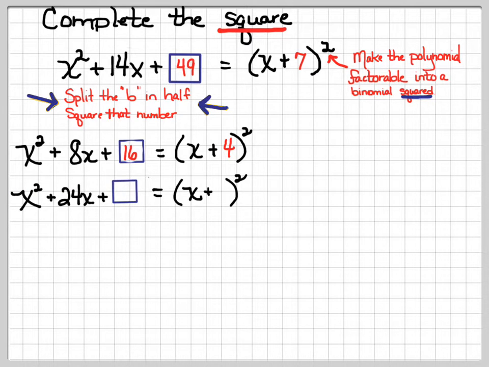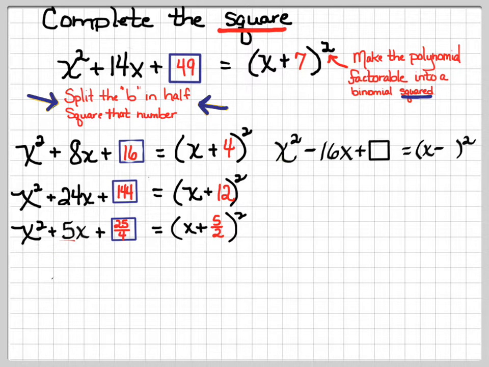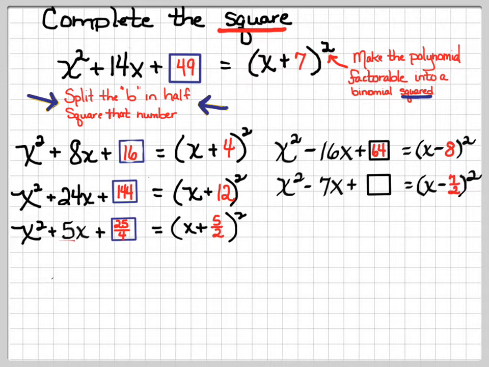Split b in half, and you get 12. Square 12, and you get 144. Split b in half, and you get 5 halves. Square 5 halves, and you get 25 fourths. Split negative 16 in half, and you get negative 8. Square negative 8, and you get positive 64. Split negative 7 and a half, and you get negative 7/2.